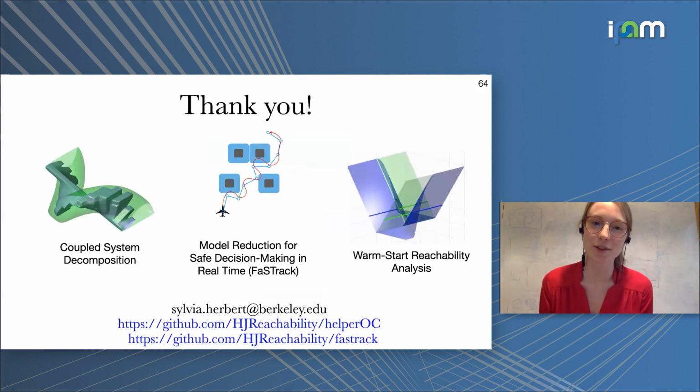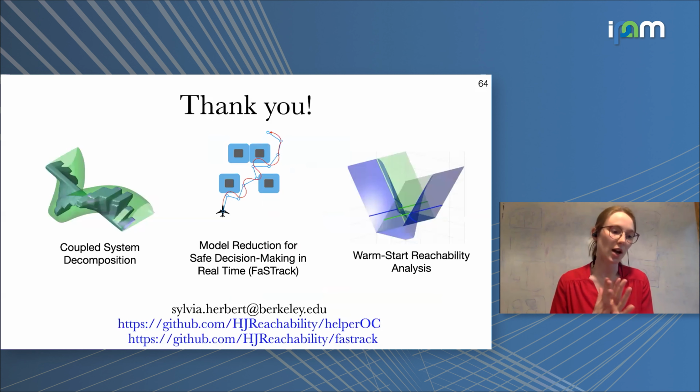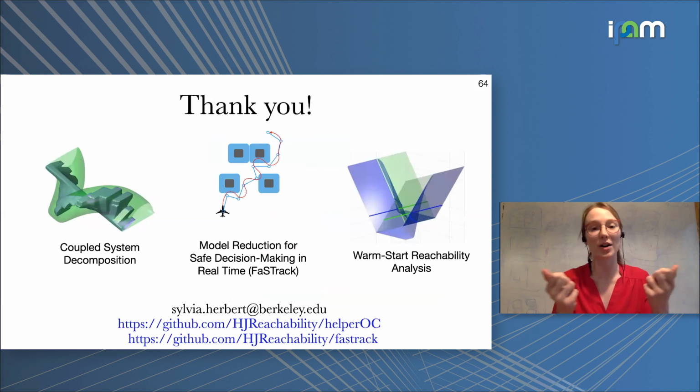Oh, I think I see what you're saying. So in order to do the fast track, if I needed to do some approximation in the decomposition, is there a way I can refine that approximation to get closer and closer to the true solution? So on the decomposition side, depending on how you decide to do it, absolutely. I showed how I arbitrarily chose a way of ripping apart the system into two smaller subsystems.